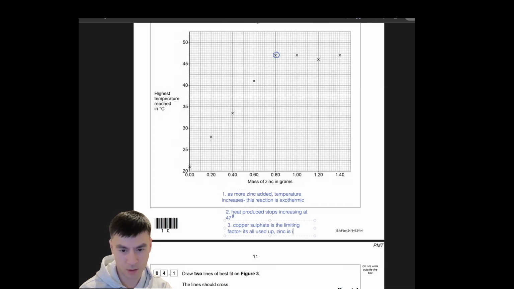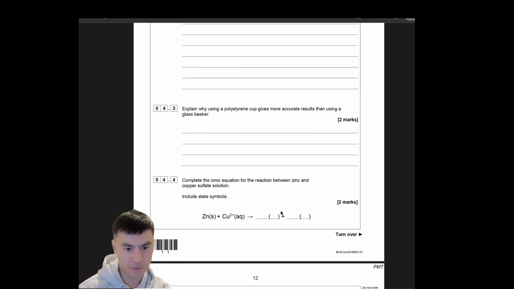Zinc is in excess. So you see that adding 1 gram, 1.2 grams, 1.4 grams of zinc is useless, the peak is still 47 degrees, because zinc is in excess. Once it reaches 47 degrees all the copper sulfate is gone, so the reaction stops.